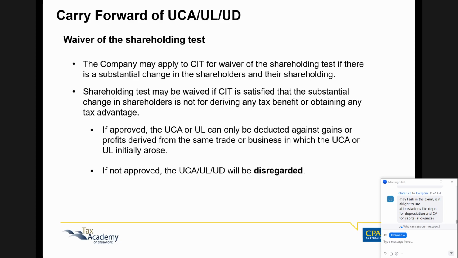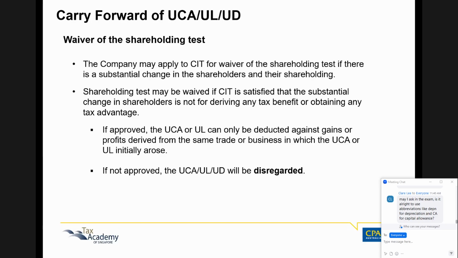These are for tax benefit. But for a real business situation where there's a change in shareholding, they buy over and things like that, with real business sense, then they can apply for this waiver of the shareholding test.